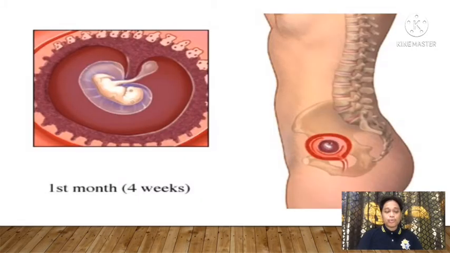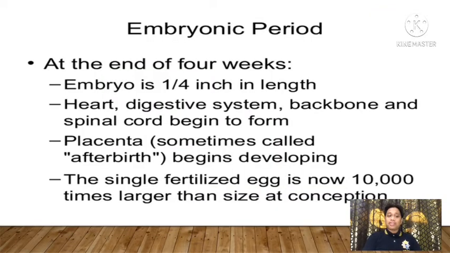In this picture, we are able to see the first month of development of the embryo in the mother's womb. At the end of the 4 weeks, the embryo is 1/4 inch in length. The heart, digestive system, backbone, and spinal cord begin to form.